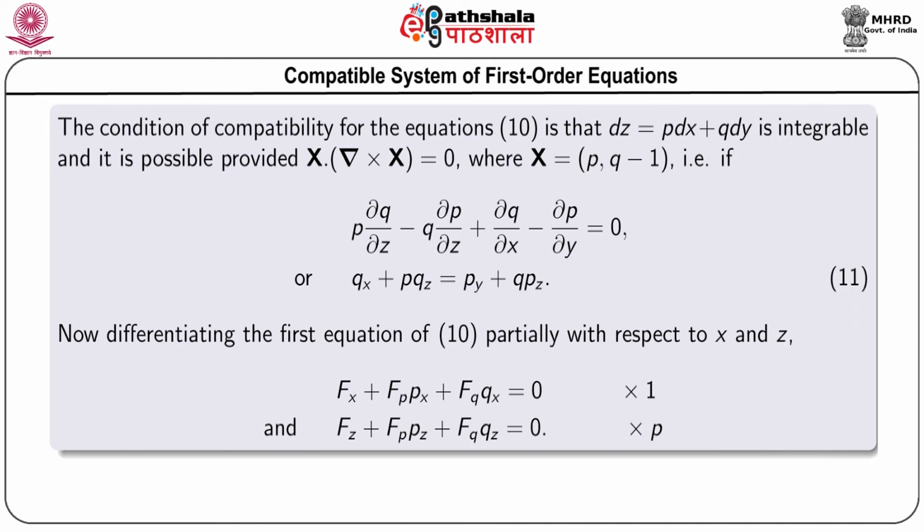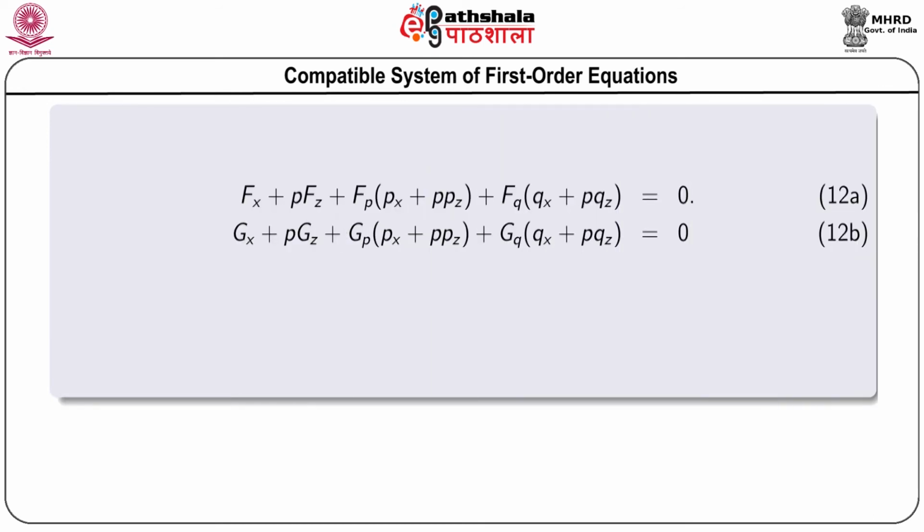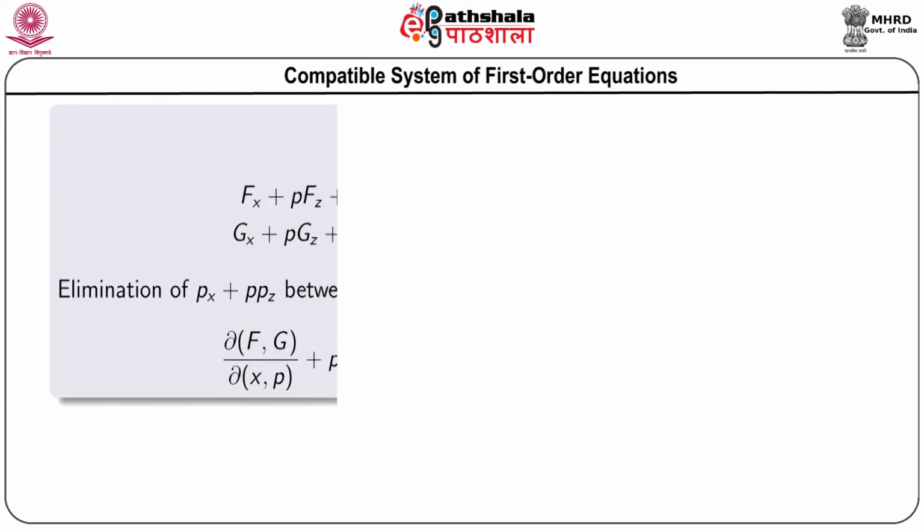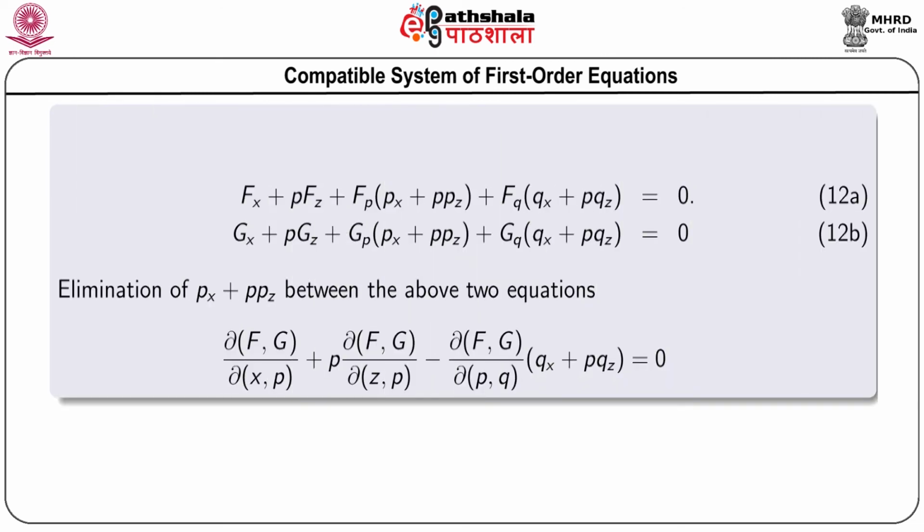Now, multiplying the first equation by 1 and the second equation by P, and then adding those two equations, we get the relation written in 14a. Similarly, differentiating the function capital G with respect to x and z, in the similar way we can find a relation which is written in 14b.